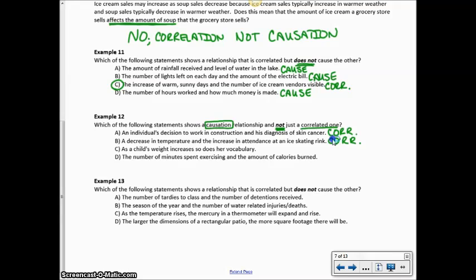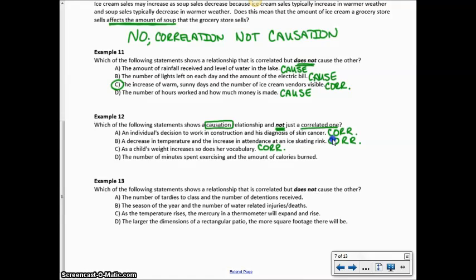C, as a child's weight increases, so does her vocabulary. So as the child eats more and gains more weight, does she start to talk more? Definitely not. This is correlated. And then the last one says the number of minutes spent exercising and the amount of calories burned.